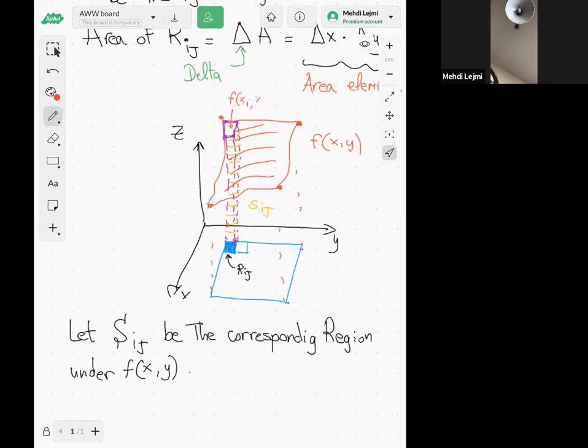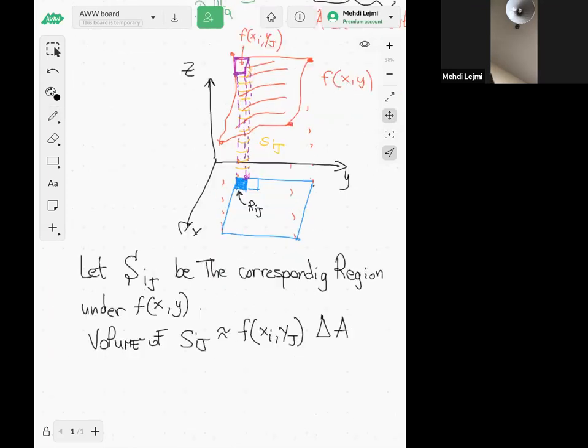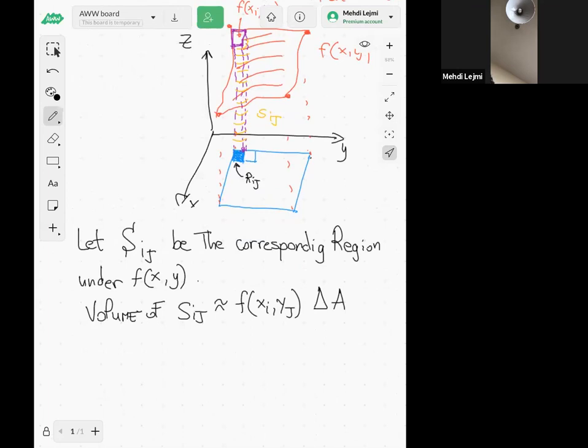So the volume of Sij can be approximated by f of xi yj times the area of your rectangle, which is delta A, and delta A is just delta x times delta y.